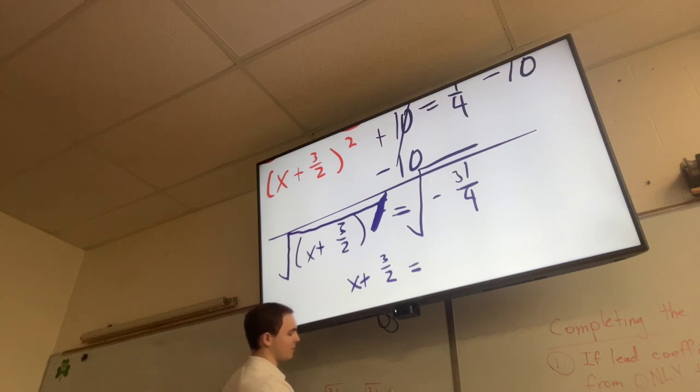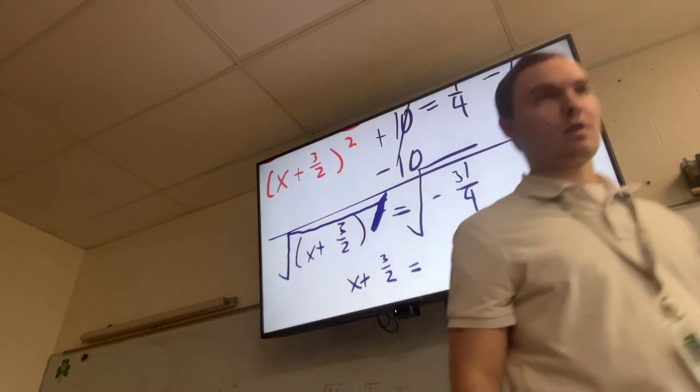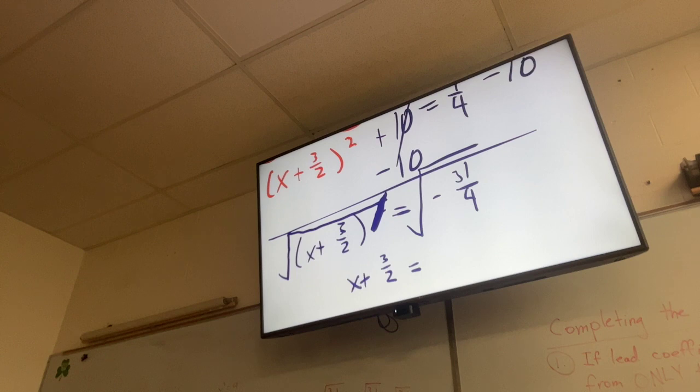All right, and then there's an i in there since it's negative. You just split the square root up, square root of the top number over the square root of the bottom number. So this becomes i root 31 all over 2.